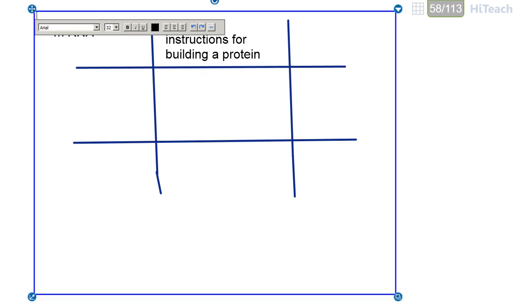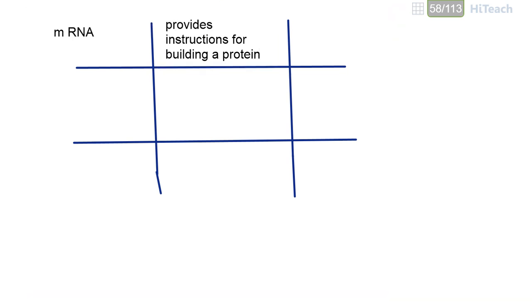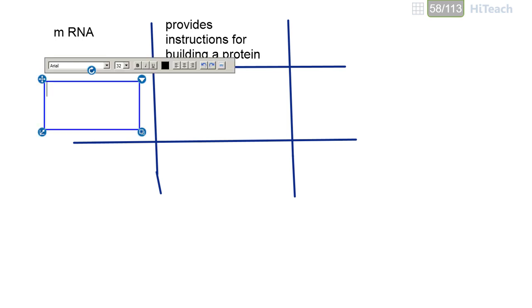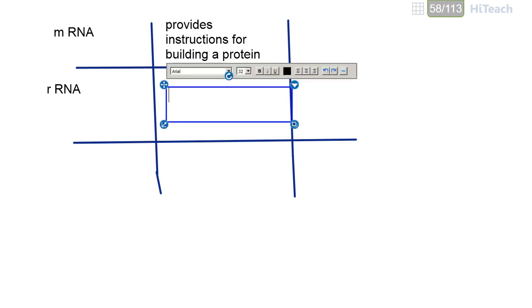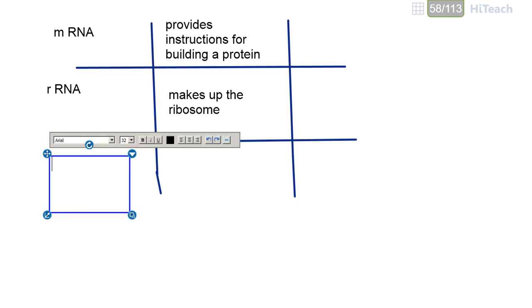Okay, what about rRNA, ribosomal RNA? What is the function of it? It makes up the ribosome. It helps to make up the ribosome, because the ribosome is made up of protein and ribosomal RNA. Okay, tRNA delivers what? The amino acid, right?